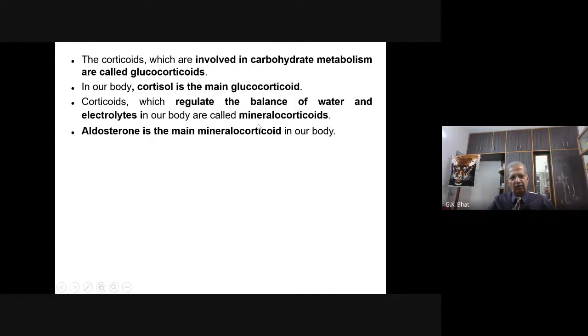You can remember: glucocorticoid, cortisol; and the mineralocorticoid example is aldosterone. Although they sound somewhat the same, aldosterone is the best example for mineralocorticoids in our body.